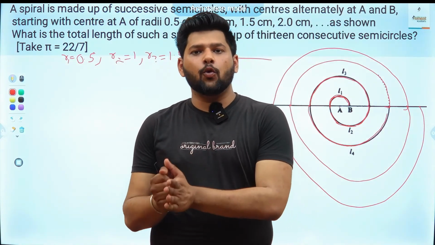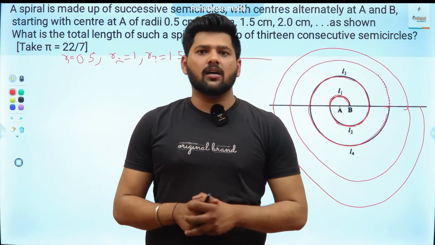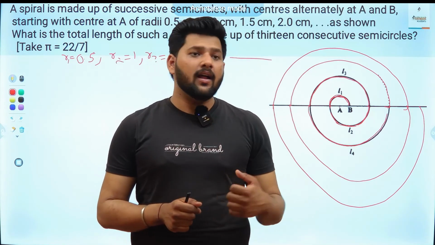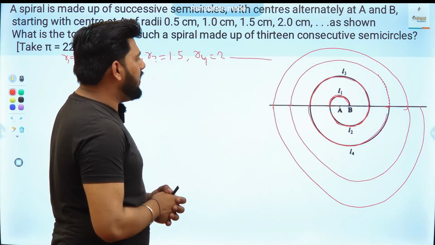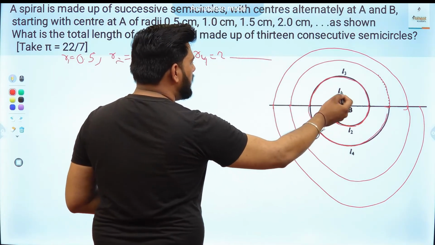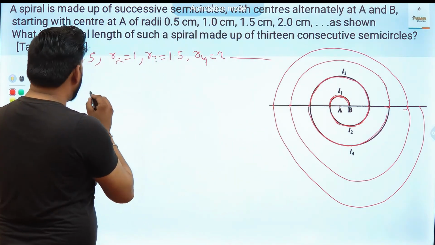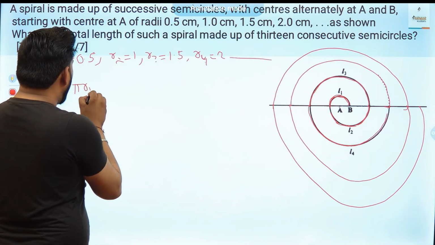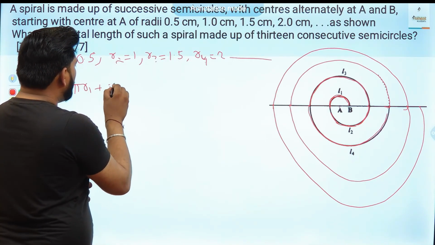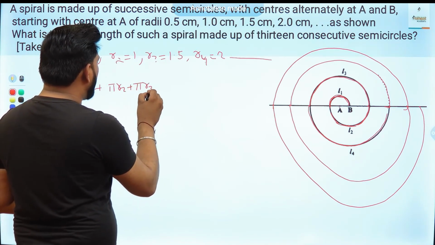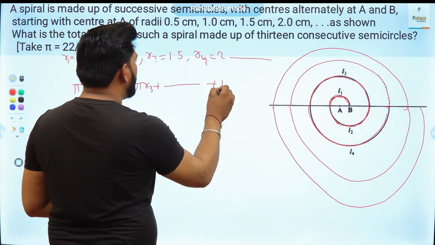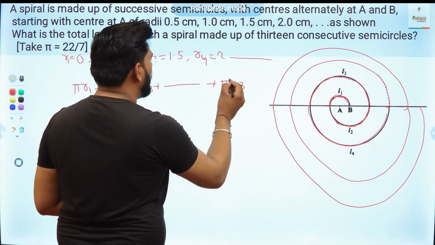That is equal to pi r, because the total circumference of the circle is 2 pi r, and we deal with semicircles only, so the length is pi r. So the first length is pi r1, for the second pi r2, for the third pi r3, and for the 13th, pi r13.